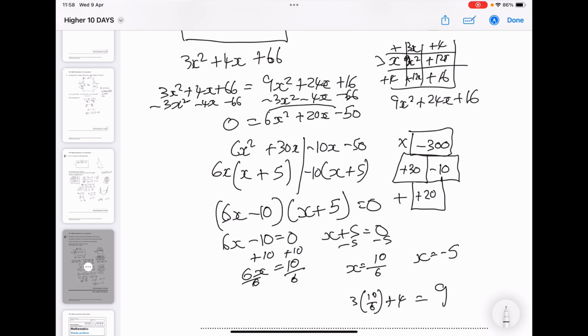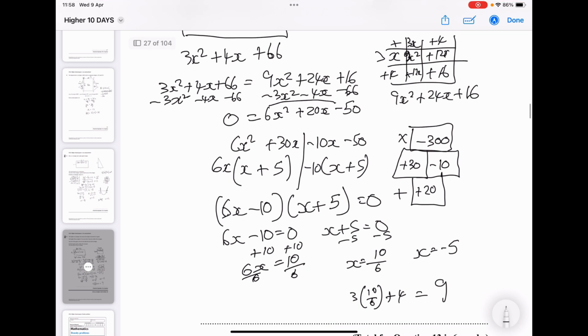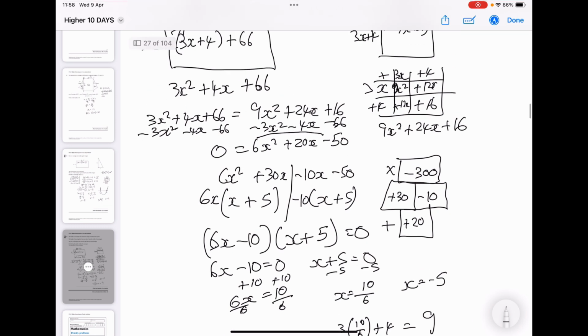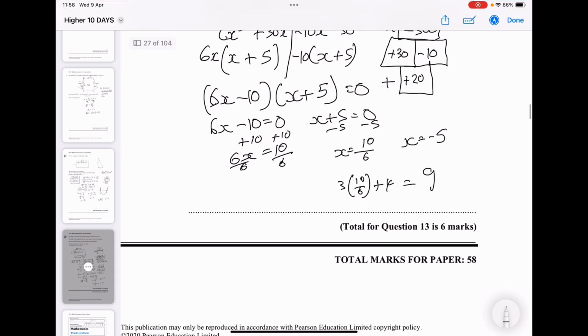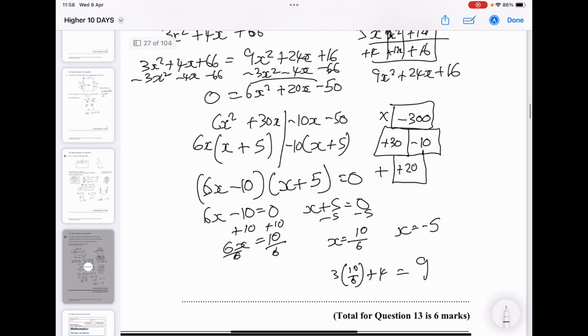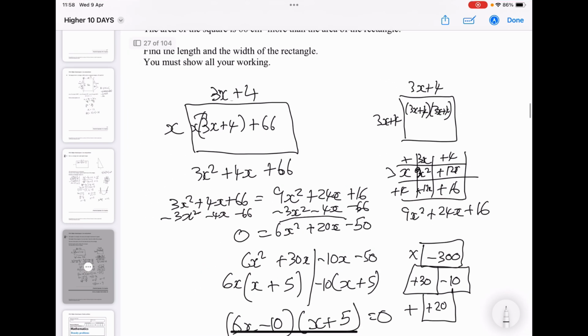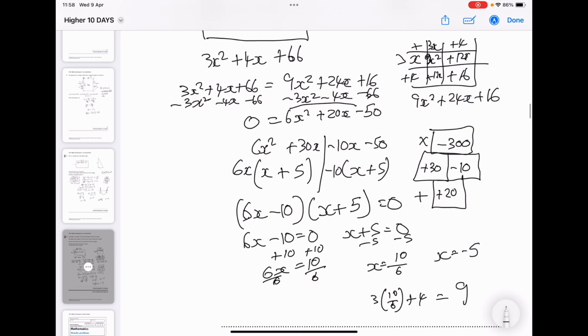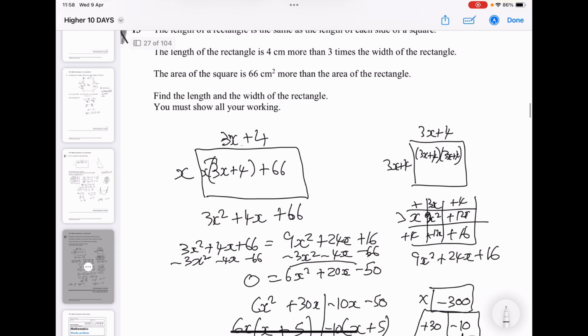So I've got width 10 over 6, and length is 9. Let me just check that.